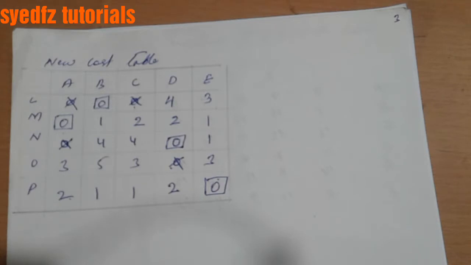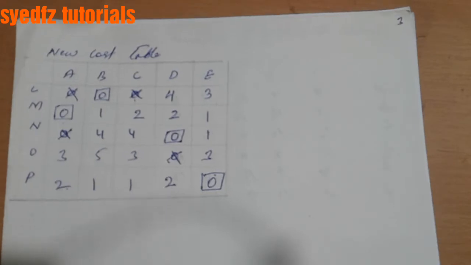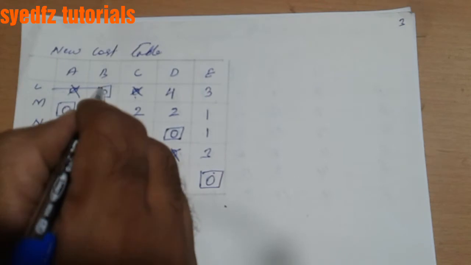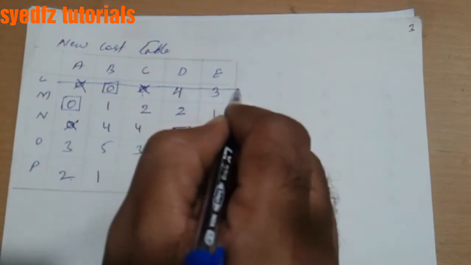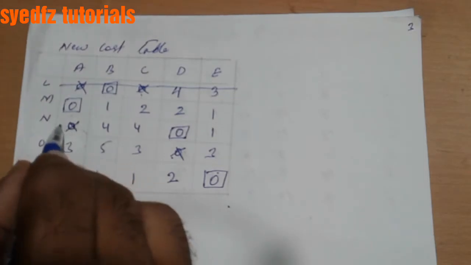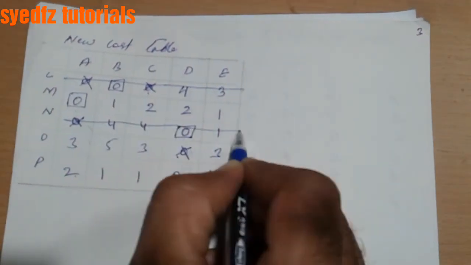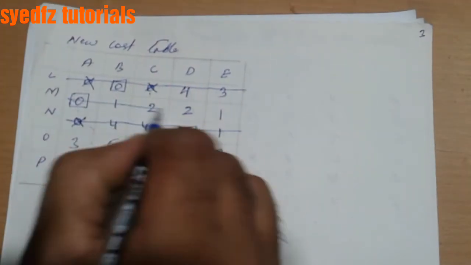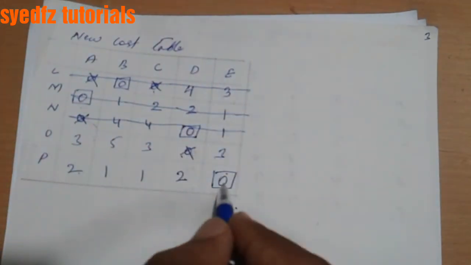Okay, so now check it out. Cover the maximum zeros. Where is the maximum zeros? Here, here. So 3 here also, so no problem, take row wise. Okay, and these 2 zeros will be covered. This one single 0 also covered.